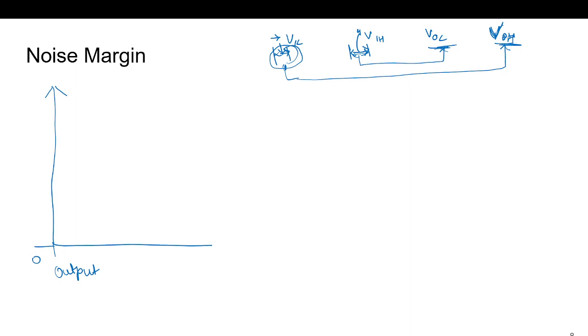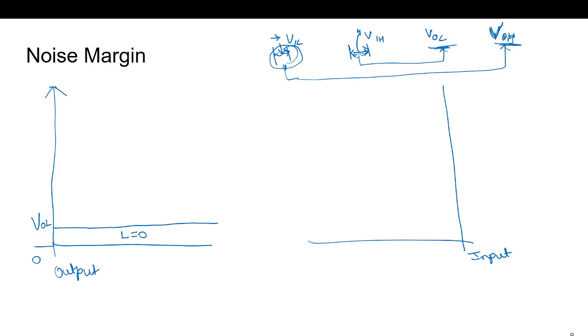Now I will brief it with this graph of both input and output. If we have the input, then till this we consider as logic low, and this is the output logic low. And in the output, if we say this much is the potential we have, it will be considered as logic high.